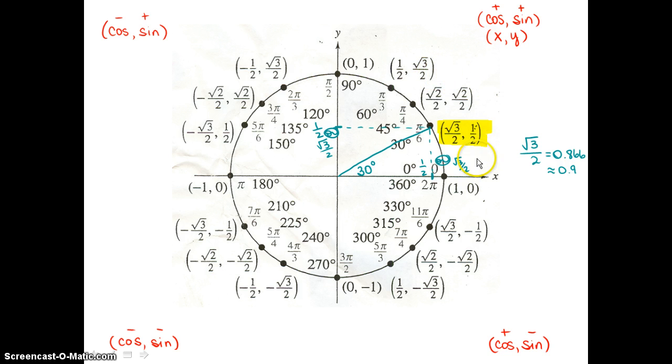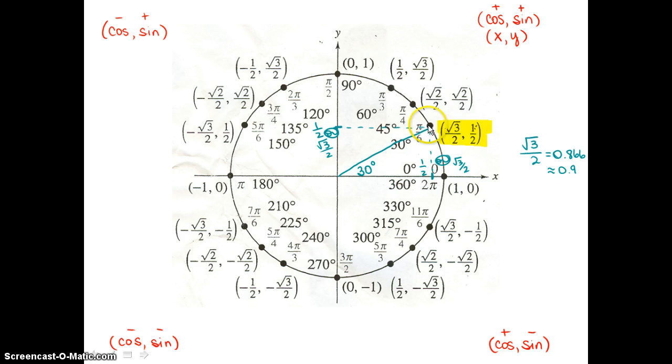So that tends to be the most confusing thing for students. They can't remember which comes first, square root of 3 over 2 or 1/2. Remember that this is still an ordered pair, a plotted point. Square root of 3 over 2, if you put that in your calculator, is 0.866. That's approximately 0.9.